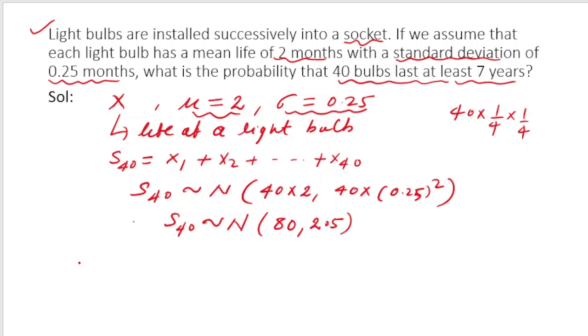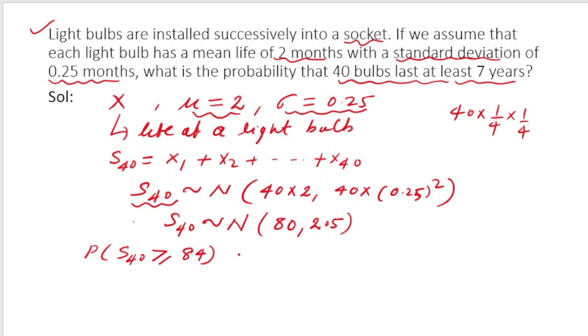The probability that these 40 light bulbs in total will last at least 7 years, meaning S40 should be greater than or equal to 7 times 12, which is 84. Don't make the mistake of writing 7, because you have measured the data in months: here it is 2 months, here it is 0.25 months. So S40 should be greater than or equal to 84, right?